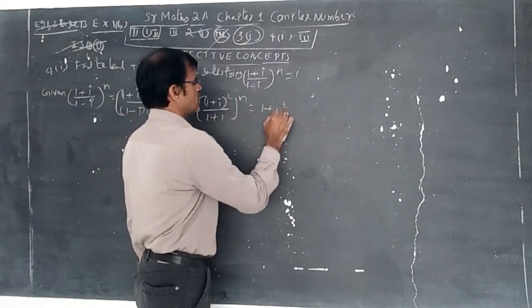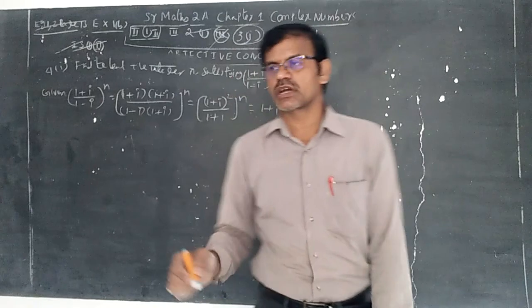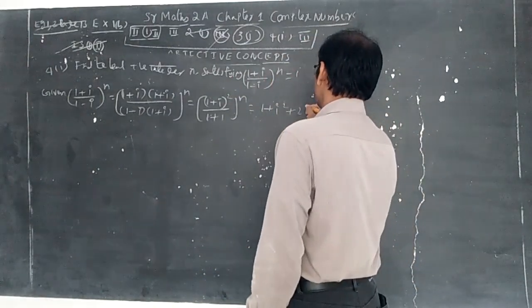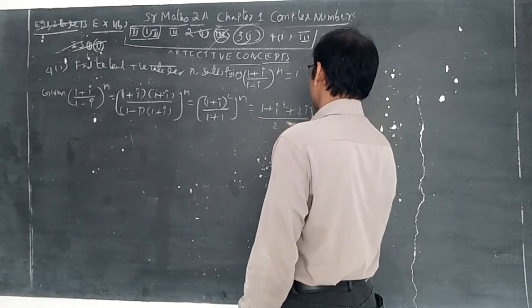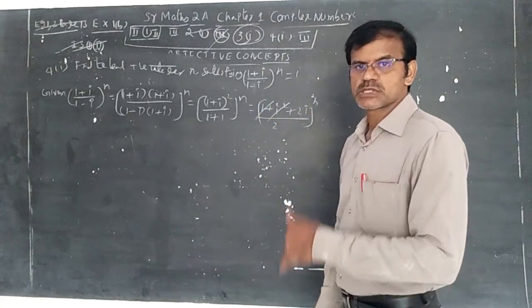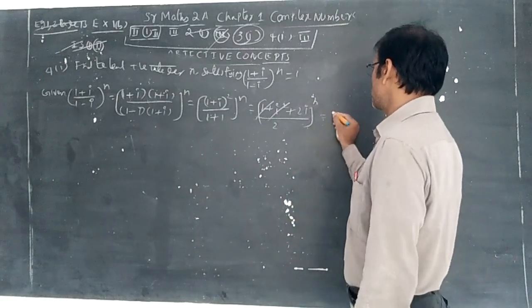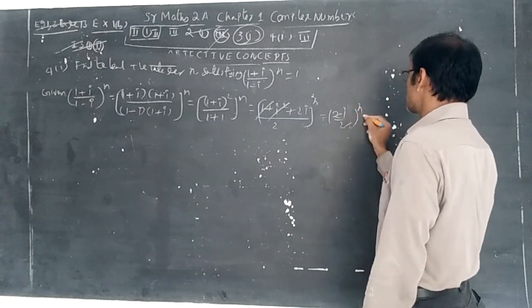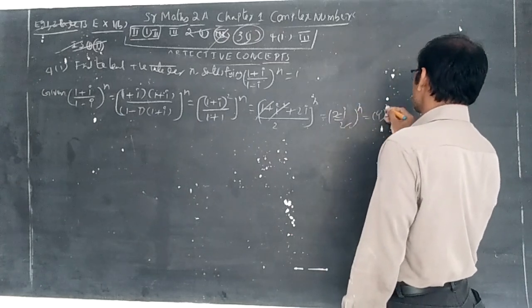In the numerator, write (a plus b) whole square: 1 plus i square plus 2i, by 2, whole power n. 1 plus i square gets cancelled because i square is equal to minus 1. Now we got 2i by 2 whole power n.